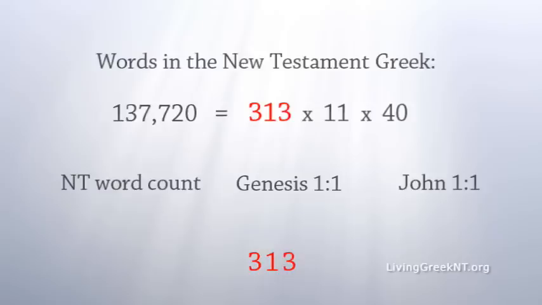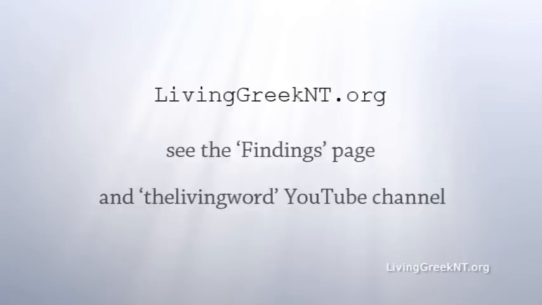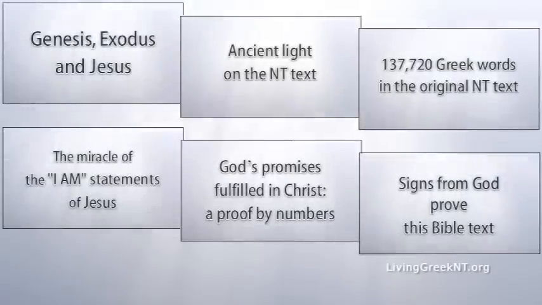Our effort to identify and verify the original text of the New Testament is covered on our website, livinggreeknt.org. There are videos on the findings page of the website and on our YouTube channel. These particular videos verify the count of 137,720 Greek words in the original text.